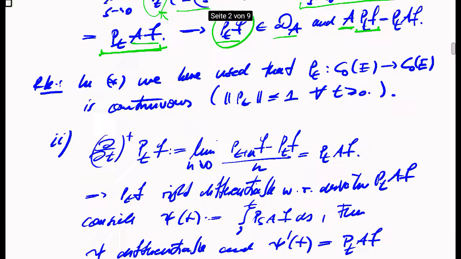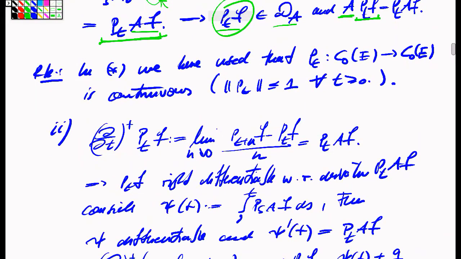First of all, the argument that we have just presented shows that the function PtF, as a function of t, is right differentiable. That is to be understood as follows: if I do a difference quotient approximation at any moment of time t, but from the right, so I do an additive shift of the time parameter t in the positive time direction, then this has a limit, and this limit is given by PtAF.